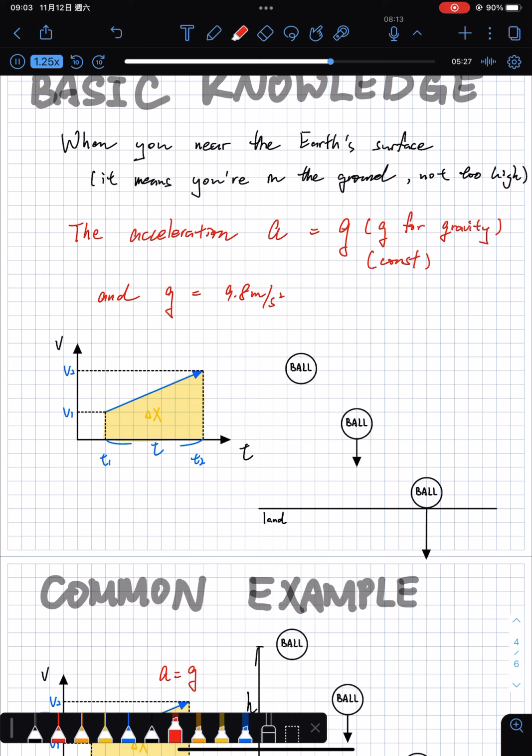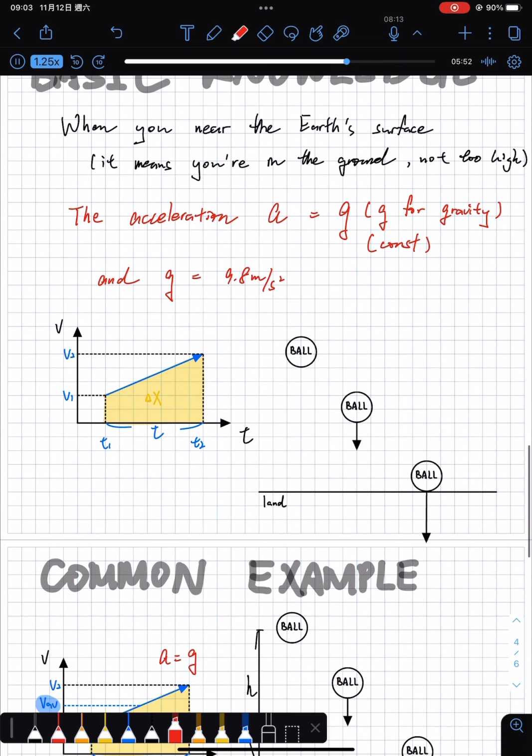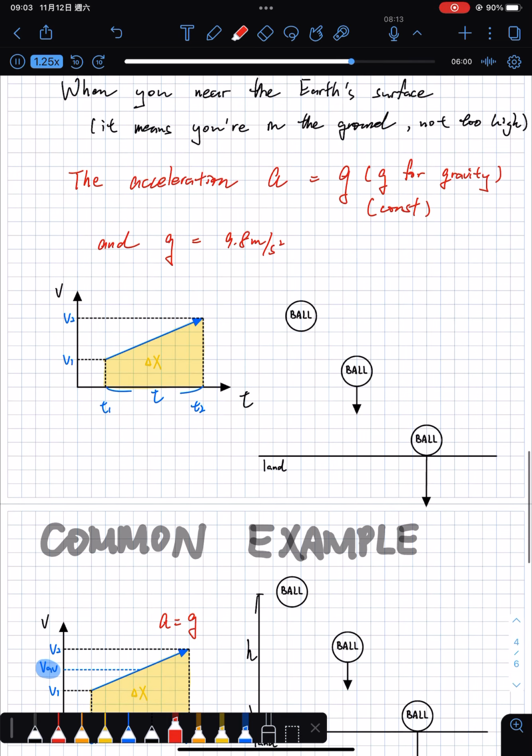So if you go to the moon or to Mars, the acceleration might not be 9.8. If you go to the moon, you must divide it by 6. Mars is smaller than Earth, so it might be a little bit smaller than Earth. Okay, this is the basic knowledge.